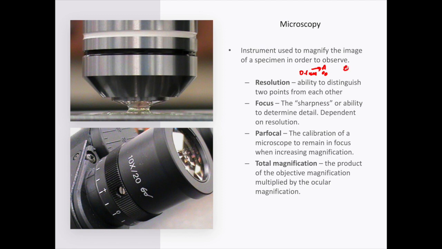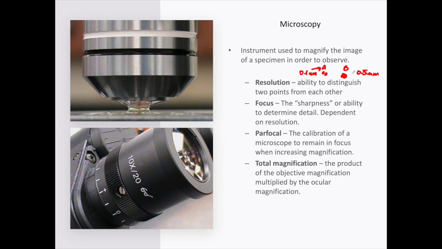But microscope B has a resolving power of, say, 0.5 micrometers. That would mean that these two cells would look like one large blob, that I would not be able to see that small little distance between those two cells.